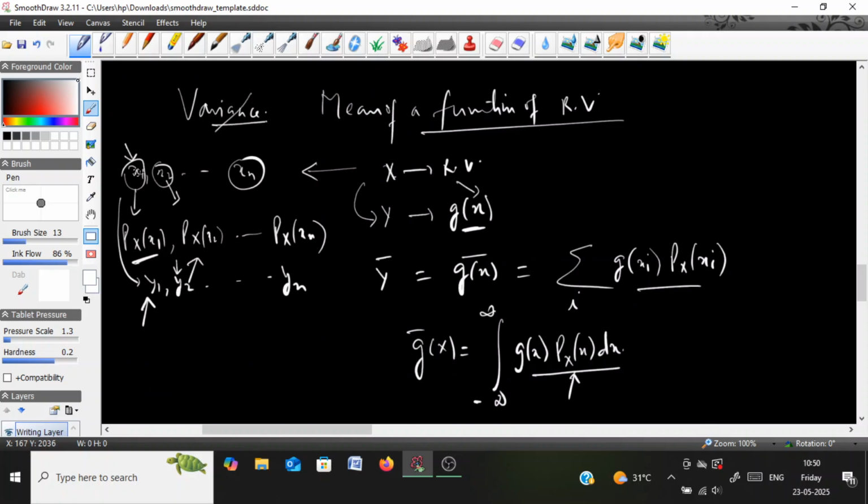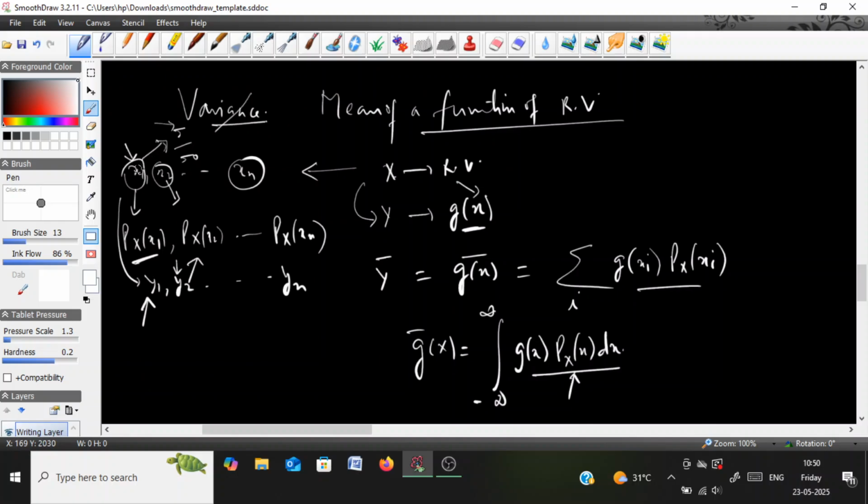Same points. Suppose in the random variable x you have x1, and the probability of this is 5 by 50. It means you have 50 outcomes, and out of 50 outcomes this x1 appears 5 times. Then this x1 will be transformed to y1 according to some function.